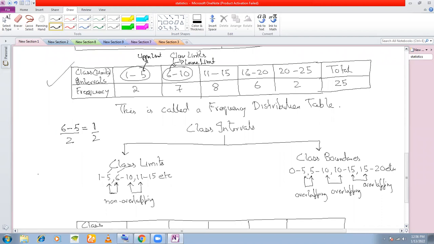Half. Similarly, you can take 11 minus 10 also, or 16 minus 15, or 21 minus 20. Whatever you take, you will get 1. You divide that 1 by 2, so you get half. Whatever difference you take, you divide it by 2.